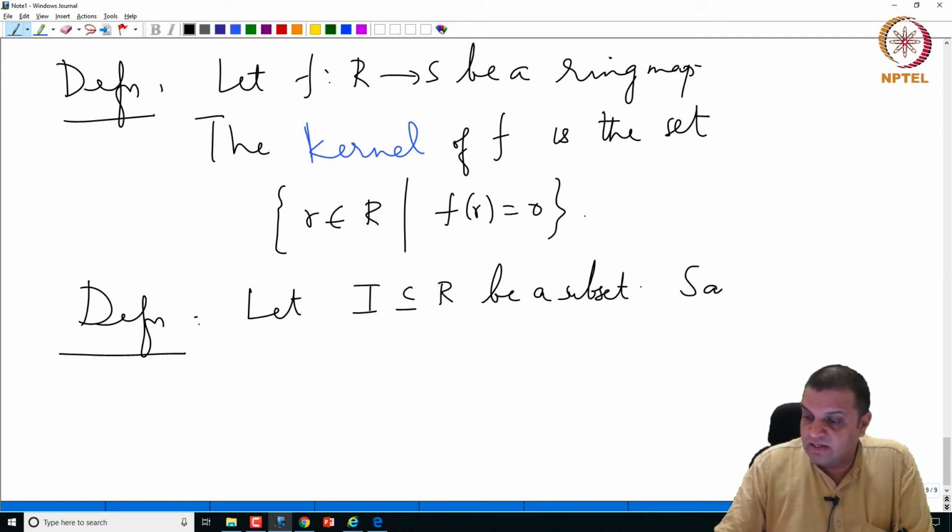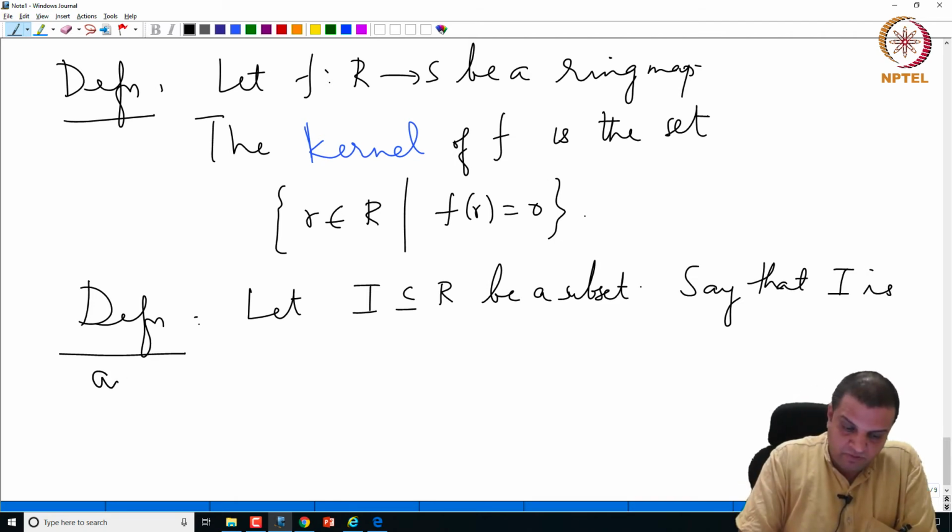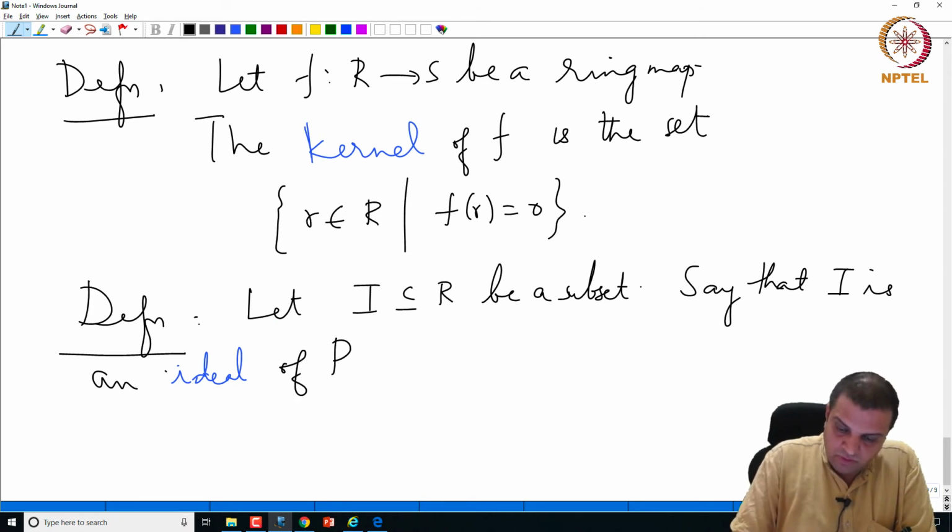Say that I is an ideal of R if two conditions hold.